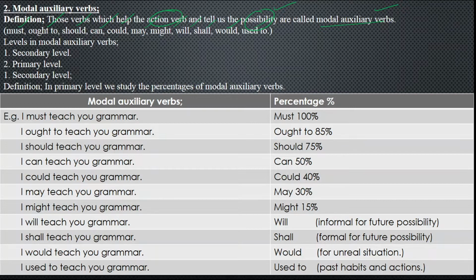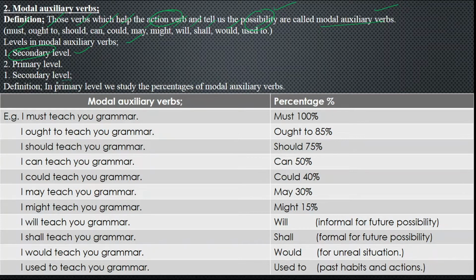Now, keep in your mind the levels in modal auxiliary verbs. Modal auxiliary verbs are studied in two levels. One is called the secondary level, and the primary level we will start after this lecture as we go through each modal auxiliary verb with its usages. Now, what is secondary level?